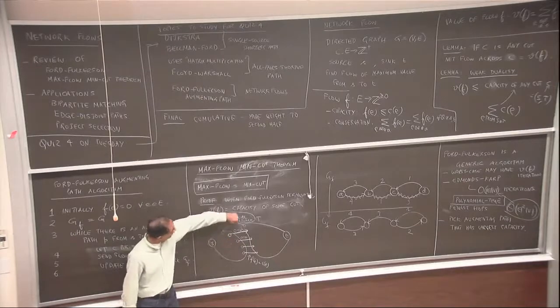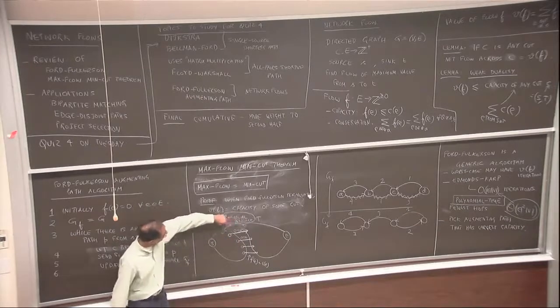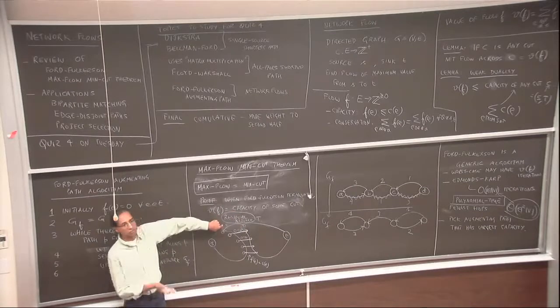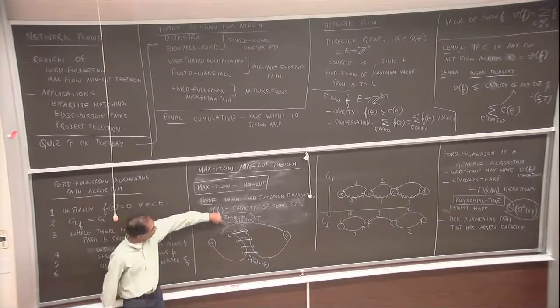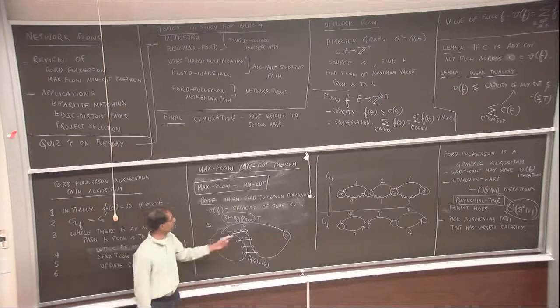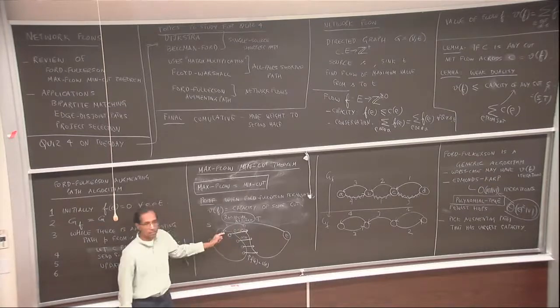Well, let's look at an edge going back in this direction. So this edge has capacity 5 in the original. How much flow could possibly be going across this? Well, you can have as much as 5. Except, remember, if there was any flow going on this, in the residual network, what will happen?